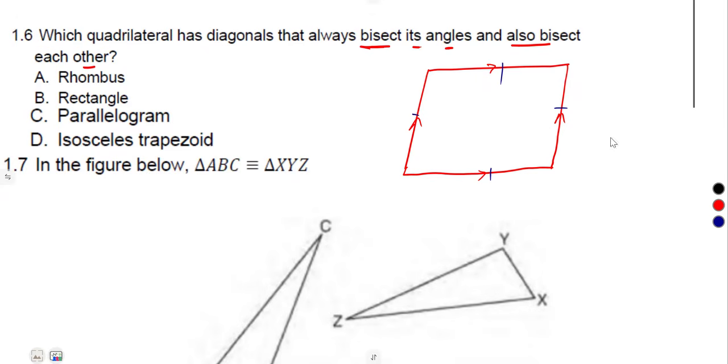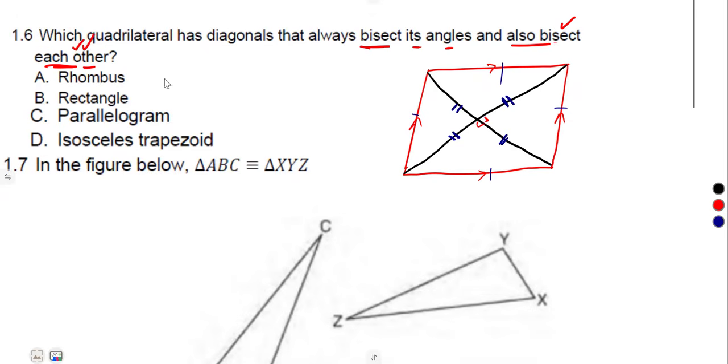And when we talk about the diagonals, if a diagonal is being drawn, this one, and another one is being drawn like this, these diagonals, they bisect each other. They do not just bisect each other, but they do so at 90 degrees.